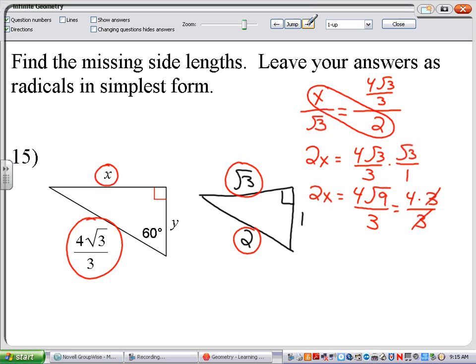This should be, maybe it's a different color, the square root of 3. I apologize. I just missed that radical, which is really going to change my answer. So again, this needs to be the square root of 3. So we'll continue 4 times 3 over the square root of 3. So I get 12 over the square root of 3.